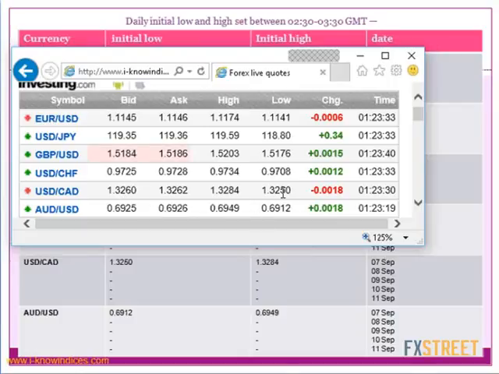Then in the case of Canadian dollar, you find that they are showing the negative net change. That means USD weakening move. Australian dollar is showing USD weakening move. So USD CAD is in negative net change, Australian dollar is in positive net change. Both are indicating the USD weakening move.